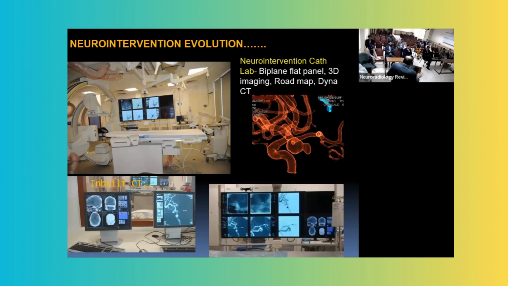Apart from that, the 3D reconstructions and the Vaso-CT or the Dyna-CT, the integrated CT scan, which is available with the angiography machine, is critical, and also the 3D reconstruction, to know about post-operative hemorrhage after mechanical thrombectomy. Even while doing coiling, or placing a stent in the main vessel, it is necessary to determine the exact diameter and the length of the vessel, and we can monitor our stent size according to it.